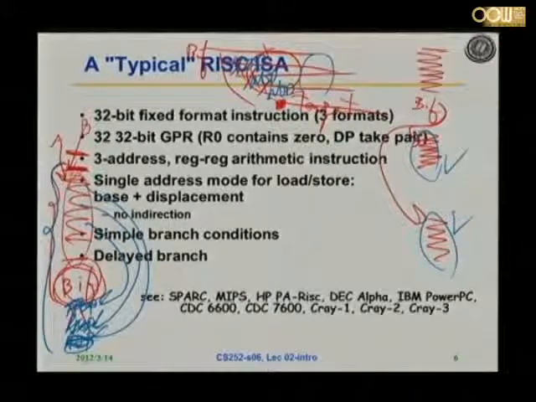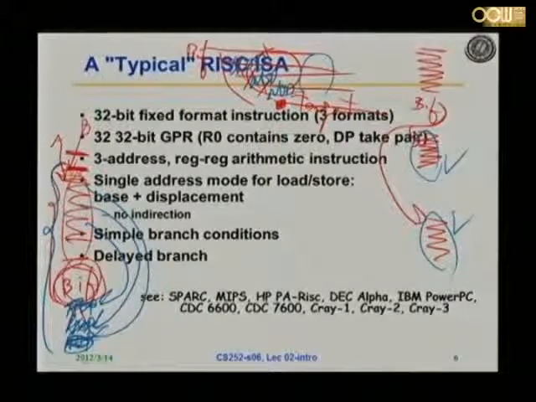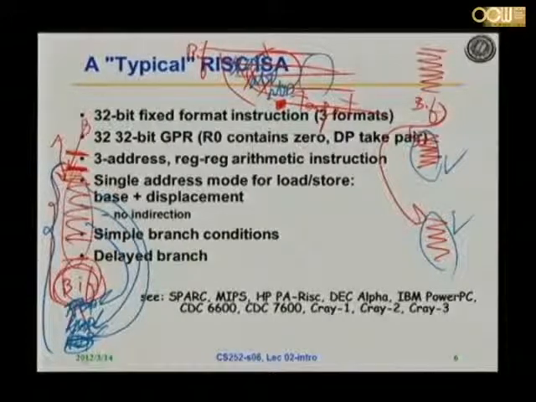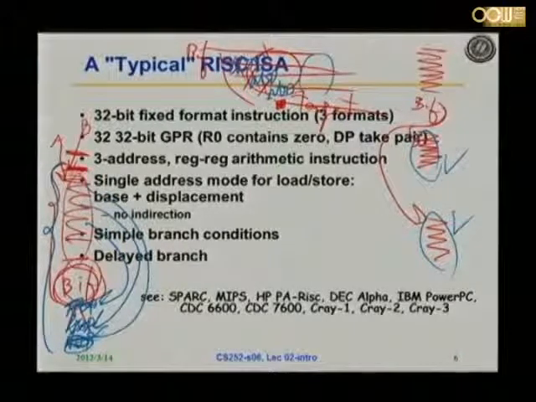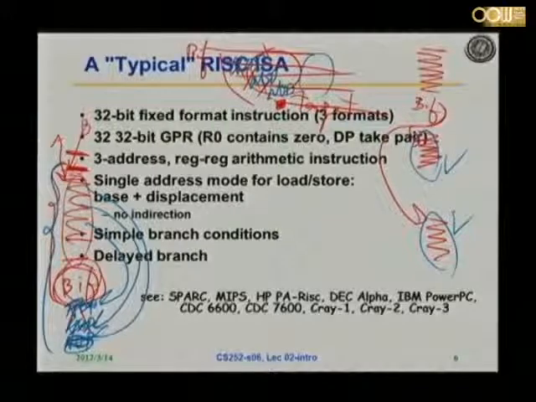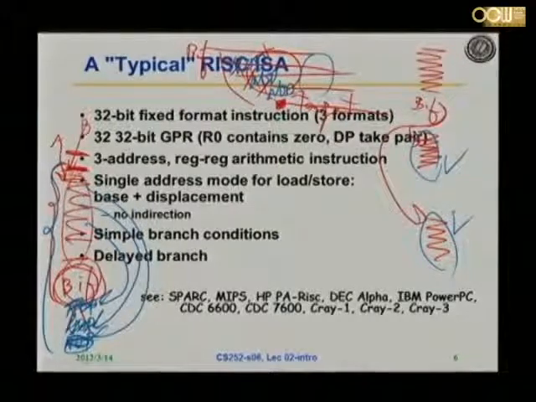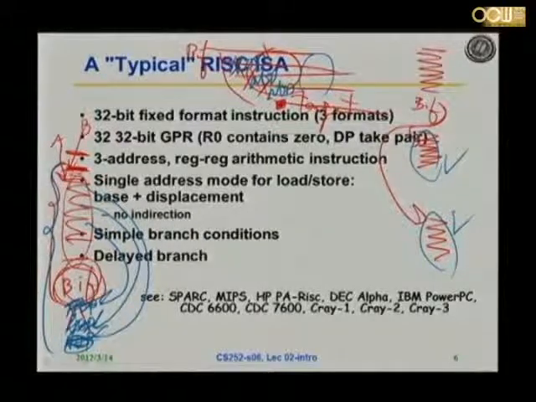Another possibility is we guess. We guess if this branch will branch or not, and then fetch accordingly. So if we make guesses, when should we finish guessing? If I want to guess carefully, I want to take 5 cycles to make my guesses.